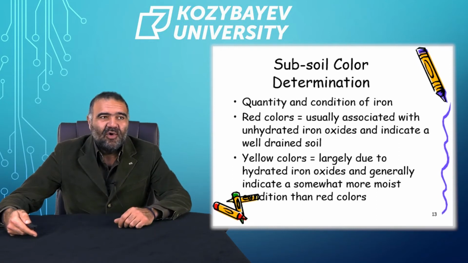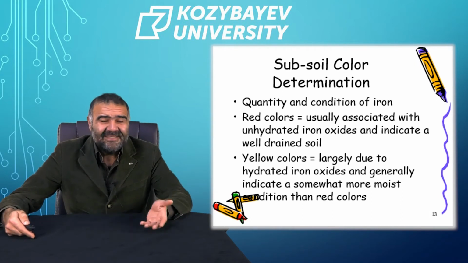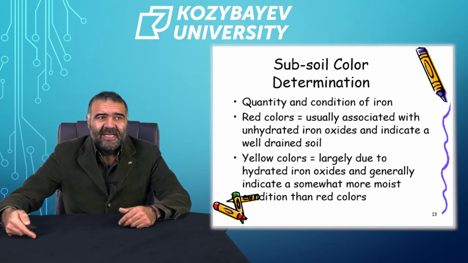We say the red colors are usually associated with anhydrated iron oxides. That is also giving us the information that we have an oxidation environment, which means we have well-drained soil.